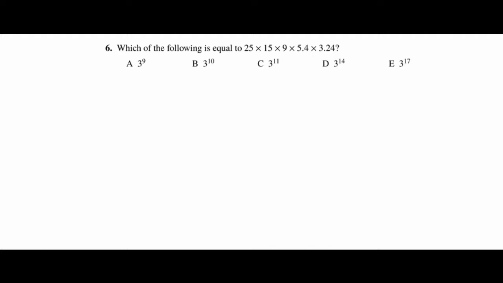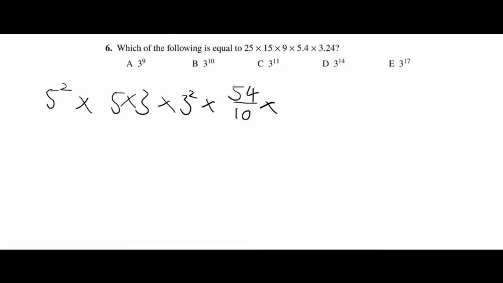And so 25 is equal to 5 squared, and so the product is 5 squared, times 15, which is 5 times 3, times 9, which is 3 squared, times 5.4, which is 54 divided by 10, times 3.24, which is 324 divided by 100.